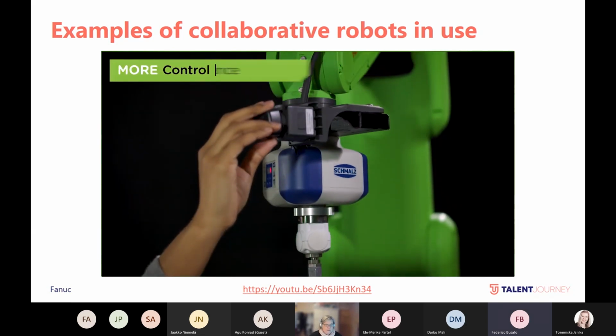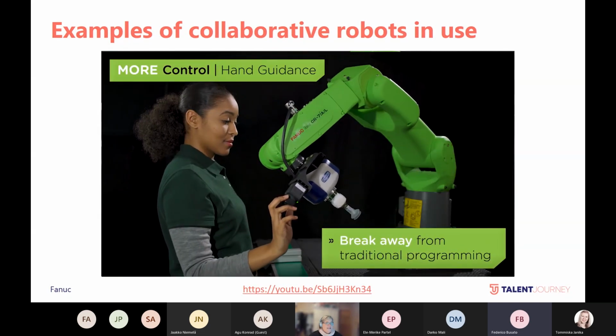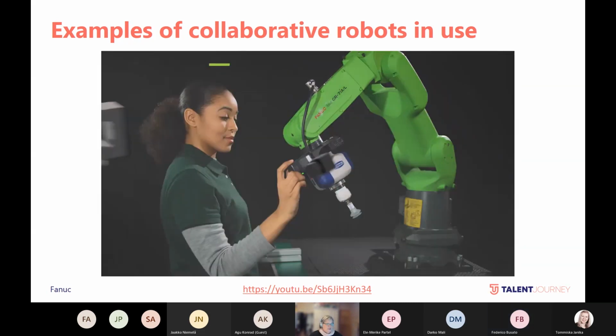So it's 250 millimeters per second, the maximum speed for collaboratives. Is it mandatory? Yes, 250 millimeters per second. So when it is in the collaborative mode, then it can't have faster speed.